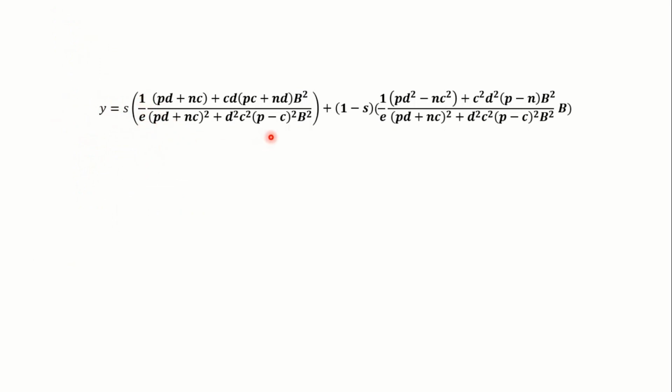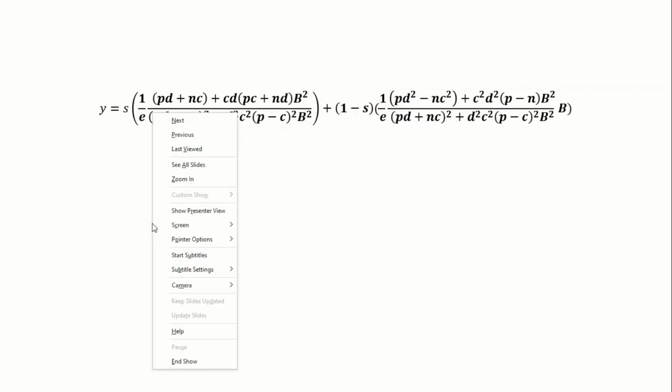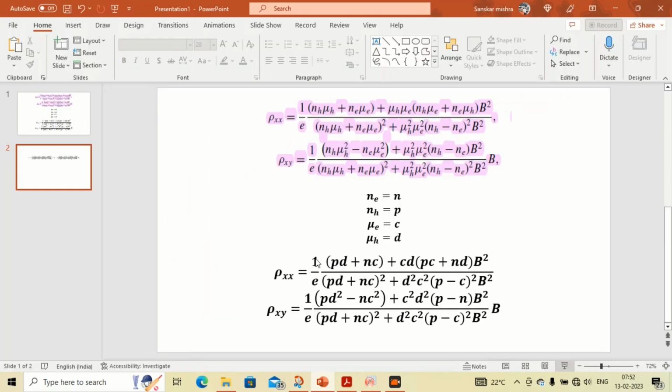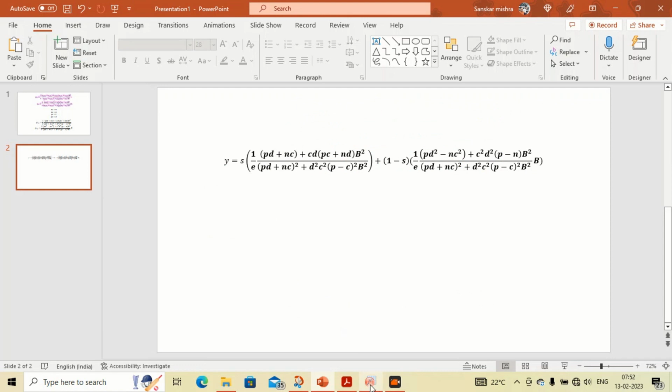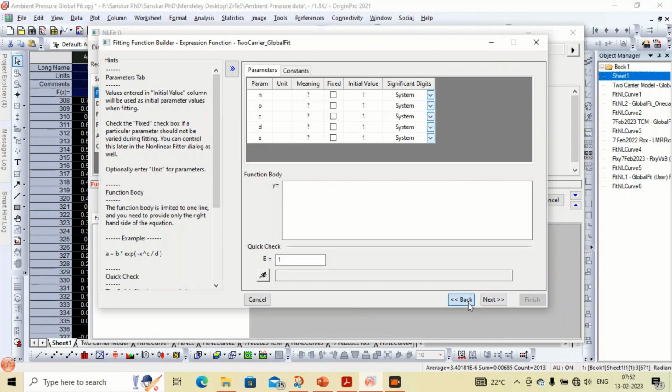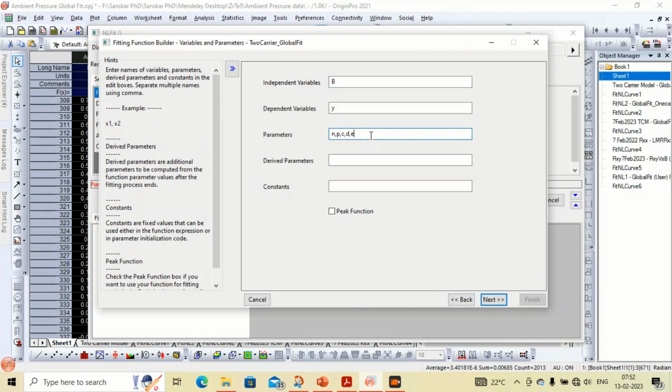The rho xx is multiplied by parameter s, and rho xy is multiplied by parameter 1 minus s. What happens is that when we put s equal to 1, we get only rho xx, and when we put s equal to 0, we get rho xy. So we will use this technique. I have to add another parameter, small s.